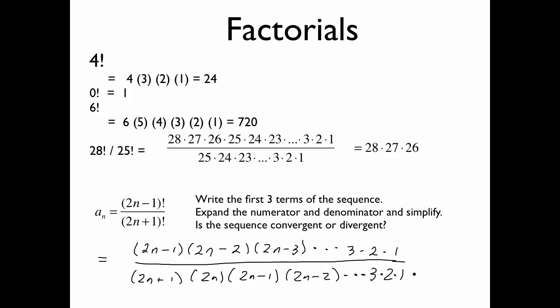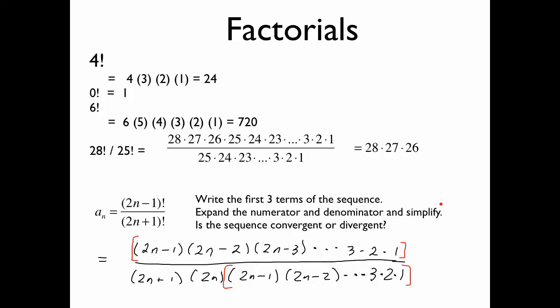So what do you notice about the denominator? What does the denominator include? 2n plus 1 factorial includes 2n minus 1 factorial as a factor of it. Do you see it? Does it make sense?